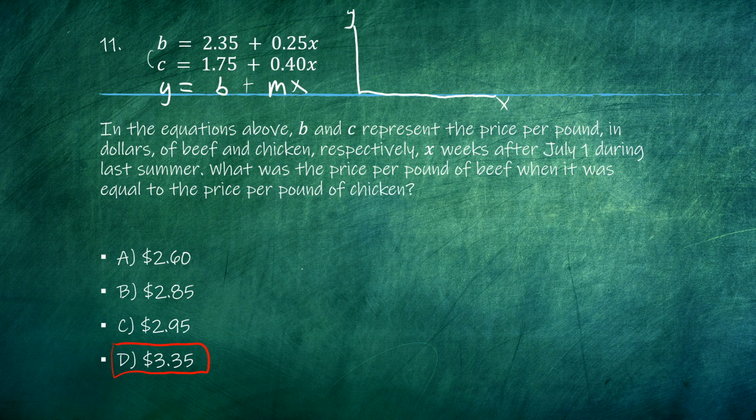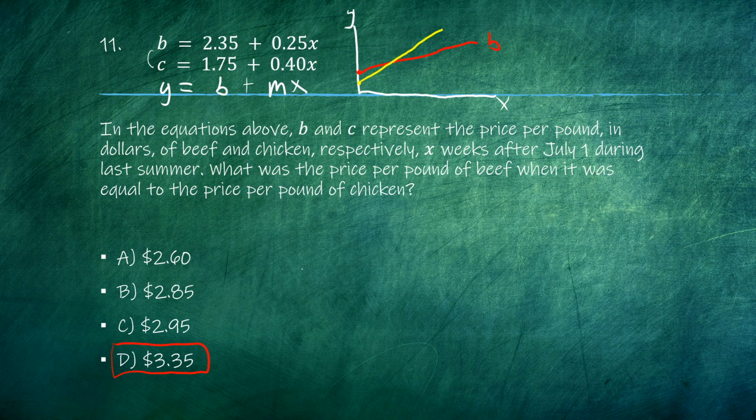So we know that for the graph of the beef, let's draw it in red, it starts out at a higher y-intercept, but the slope is a little bit smaller. So that's our graph for B. And for the chicken, we know that it starts at a lower y-intercept, 1.75, but with a higher slope.